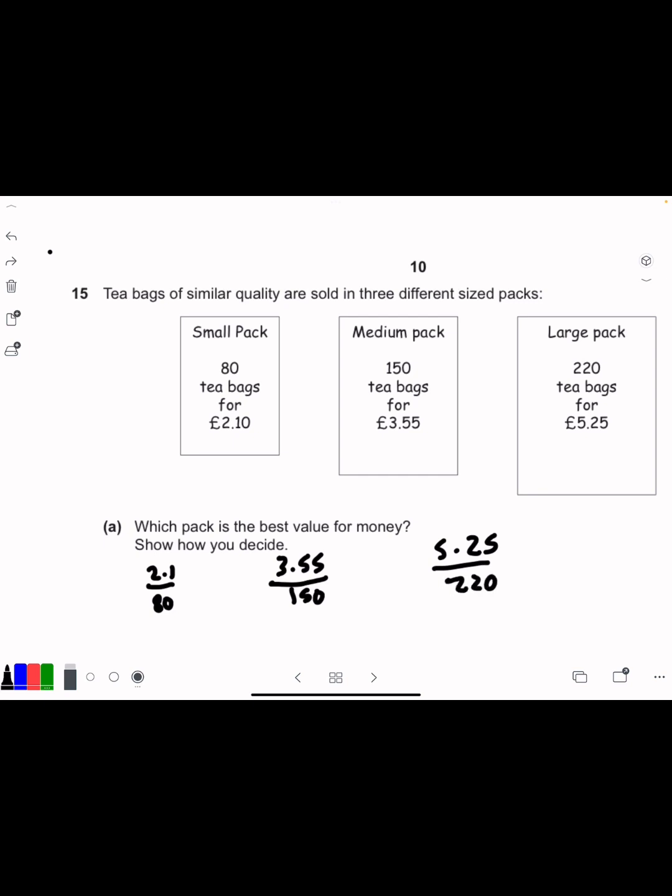Using the calculator, this is 0.02625. This is 0.0236 recurring, and this is 0.023863 recurring.